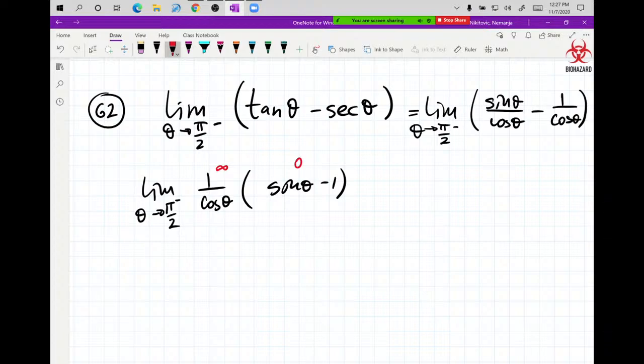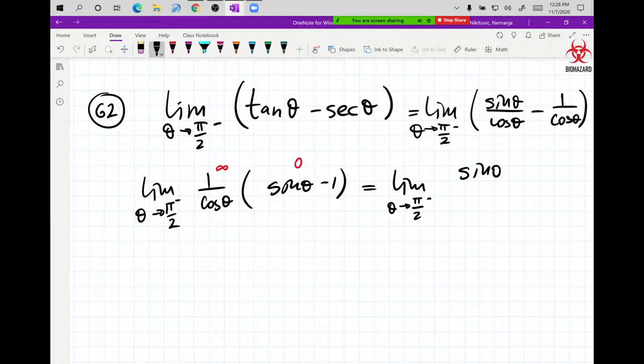So now we're going to do the trick of 1 over a function. We have the limit as theta goes to pi over 2.